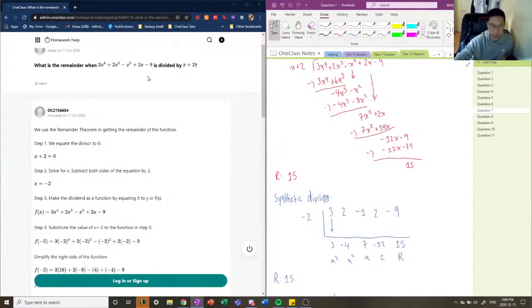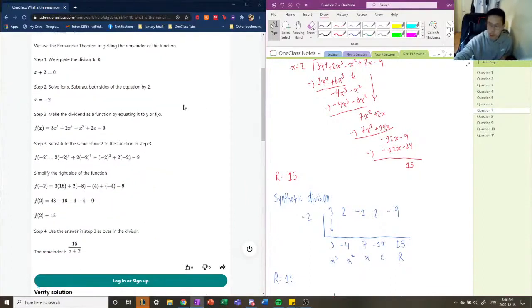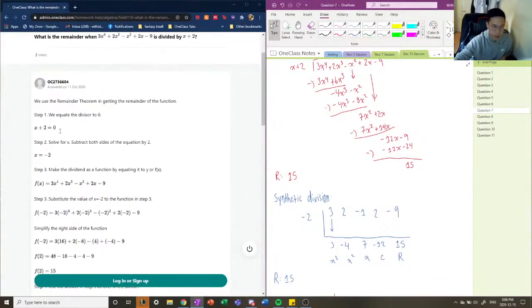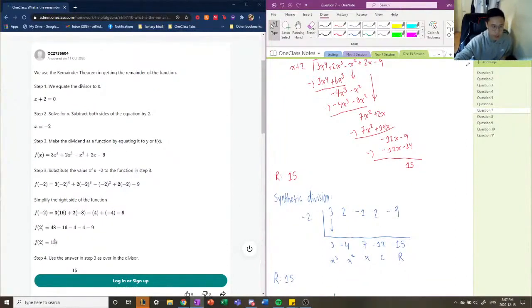The test is that if you have a remainder of 0, then this is indeed a factor, and this is indeed a solution to when this polynomial is equated to 0. Okay, so in this case, we know that there is a remainder. So what the junior tutor suggested is that we just plug the zero into the equation, and whatever value we get from that equation is going to be our remainder. Okay?